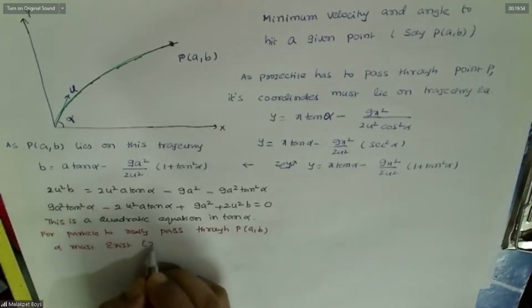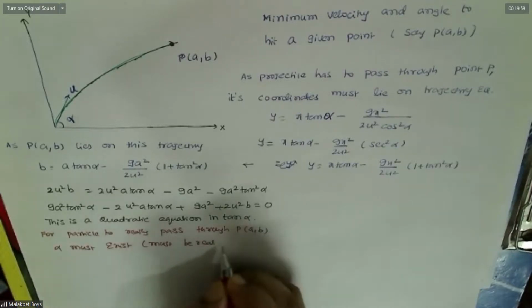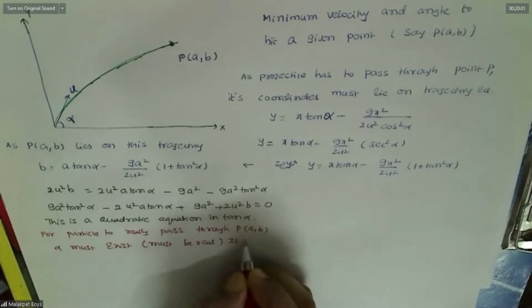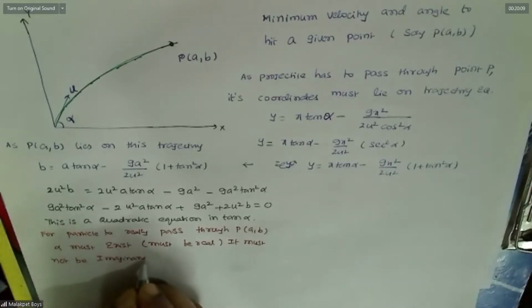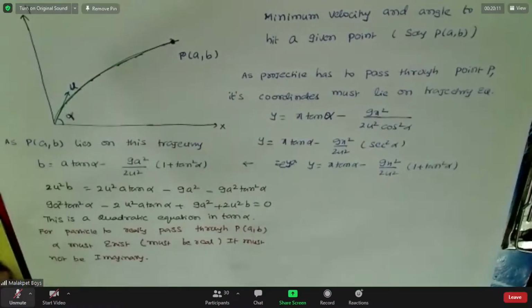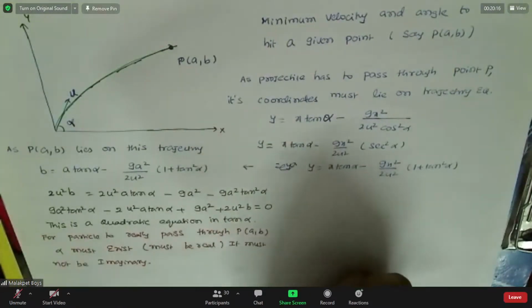Exist means, it must be real. It should not be imaginary, no? Remember, it should really pass through, that means it should not be imaginary. Any doubt till here?